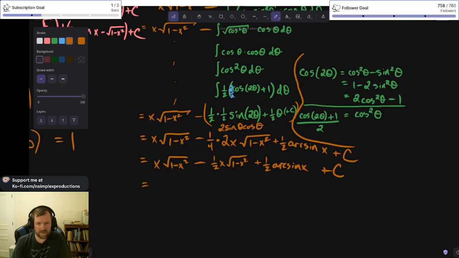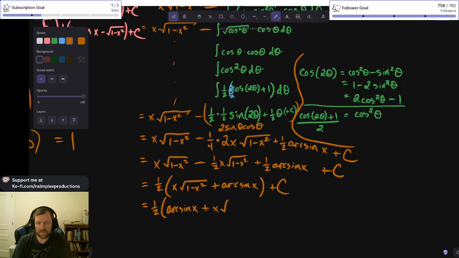So here, this is going to be a 1/2 parentheses x root 1 minus x squared, plus the 1/2 gets pulled out, so it's just arcsine. Or to put it in terms of what they actually have up there, 1/2 arcsine x plus x root 1 minus x squared plus c.